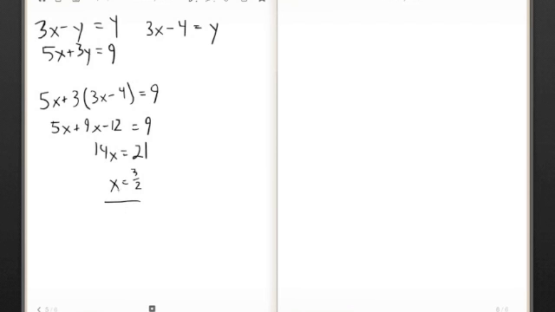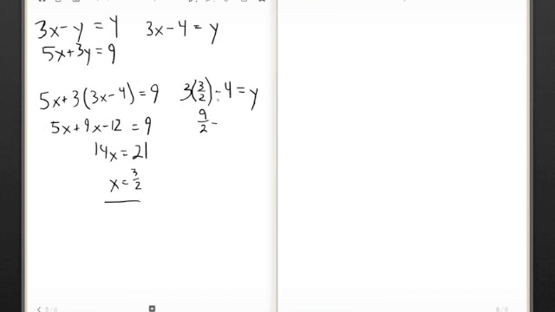Now let's take x equals 3 over 2 and put it back into any of these equations up here. Let's just pick this one here. It looks the simplest. We have 3 times x of 3 over 2 minus 4 equals y. So 3 times 3 over 2 is 9 over 2.